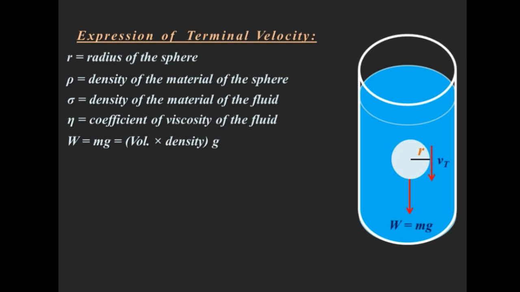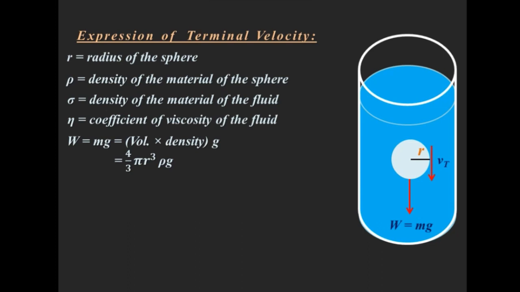Since the body here is spherical, the volume of the sphere will be 4 by 3 pi r cube, multiplied by rho, the density of the spherical body, into g. g is the acceleration due to gravity acting on the spherical body at that point of time.